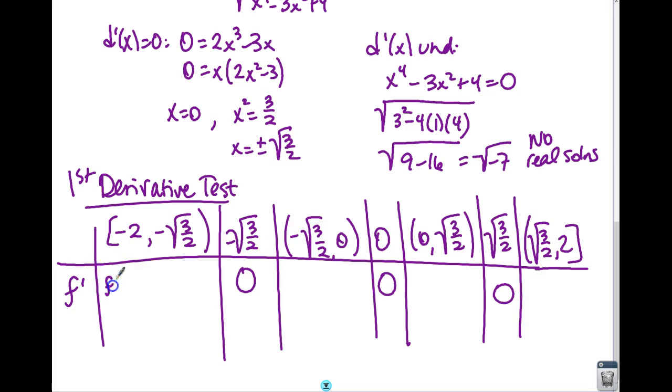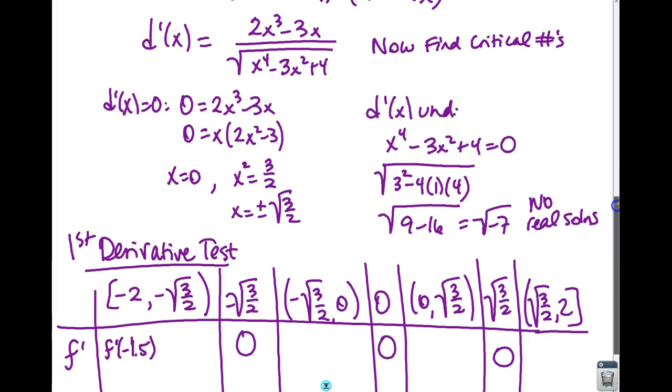So f prime of -1.5. Plug that into my derivative. This might come in handy to type into a calculator. I'm not going to lie, that's kind of a gross number.